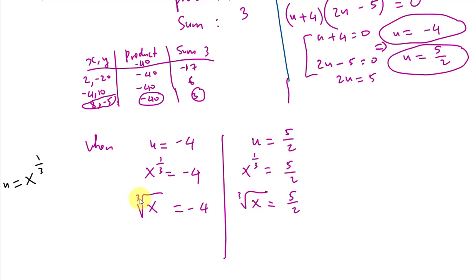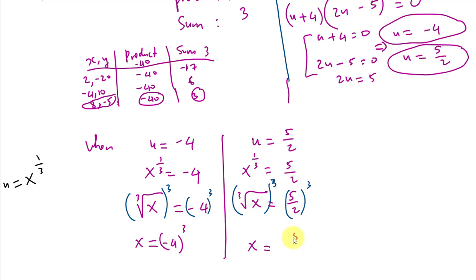To solve for x, you have to get rid of the radical, the cube root. What you can do is take the power of 3, because the radical with index 3 and the power of 3 cancel each other out, and you can solve for x. But if you take the power of 3, make sure you do it on both sides. So x equals -4 to the 3rd power, or x equals 5/2 to the 3rd power.